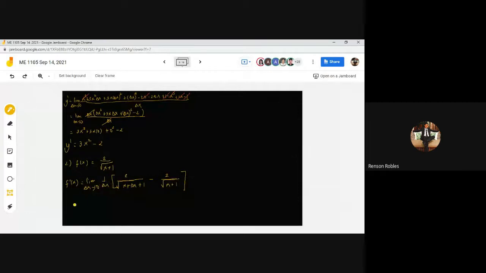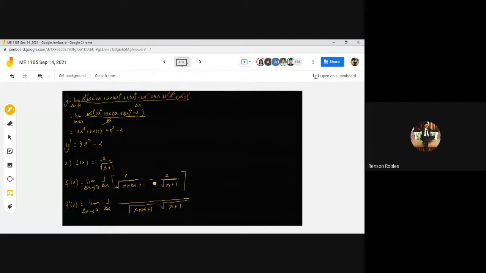You combine the two fractions. You just write everything here. So you now have the square root of x plus delta x plus 1, then times the square root of x plus 1.